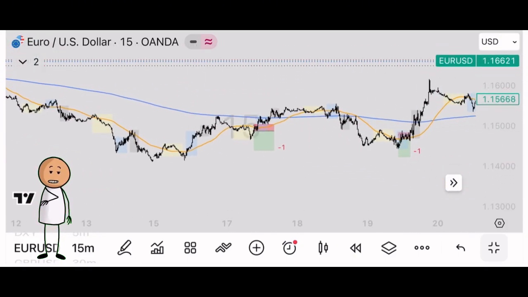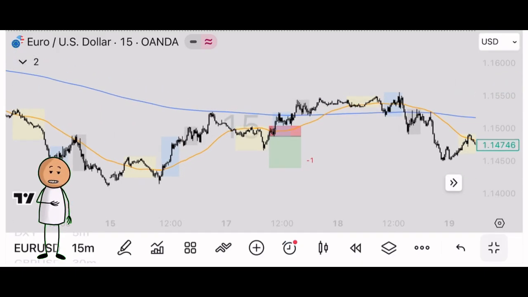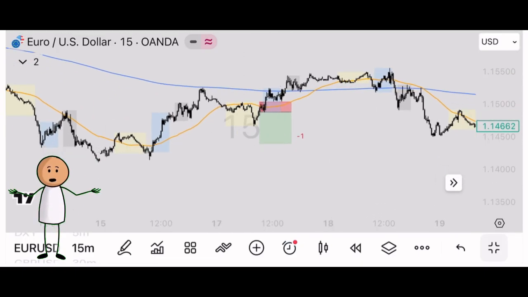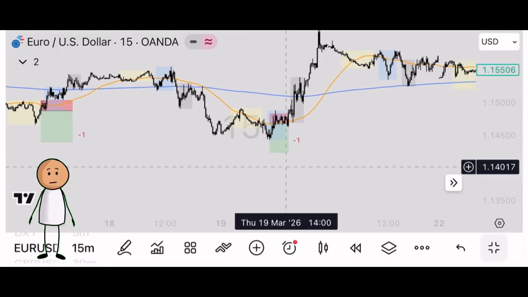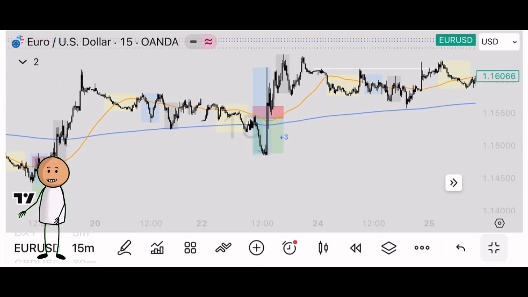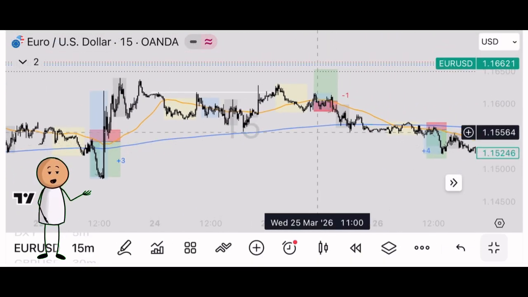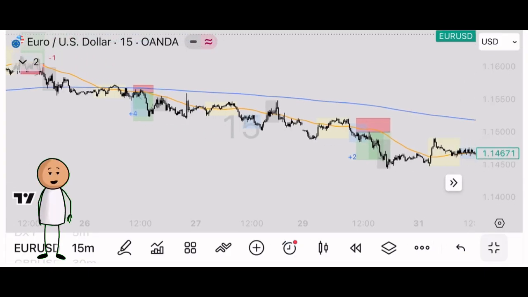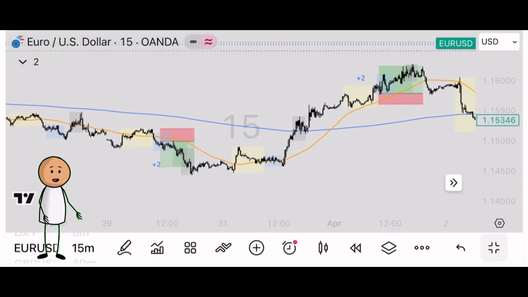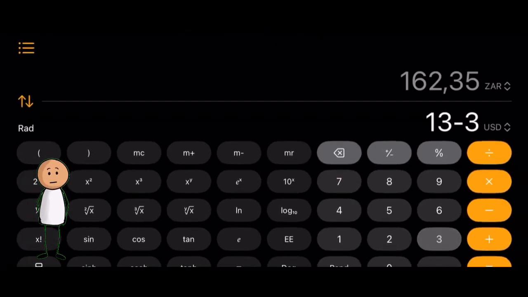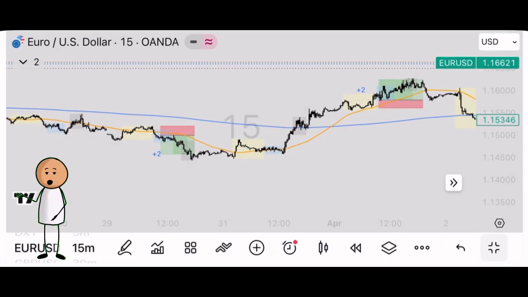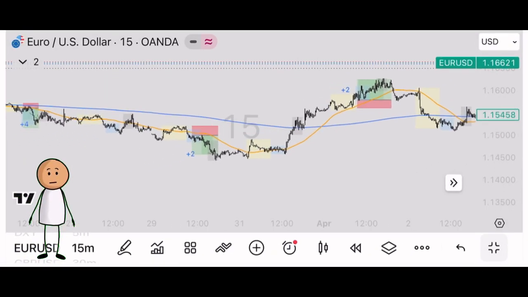Then we have to see the losses. We have 1, 2, 3 losses. Yeah, so we had 3. We could have had 3 losses, making it 10 RR for the month of March.